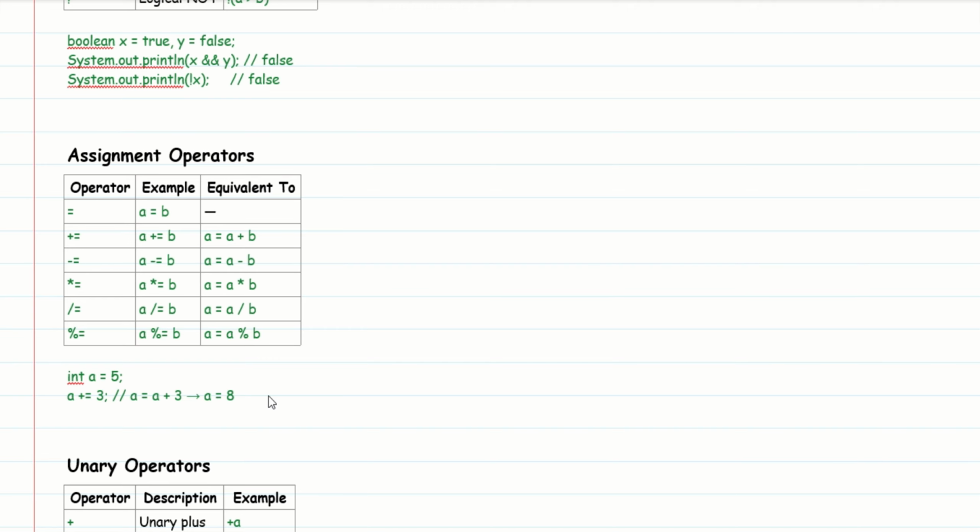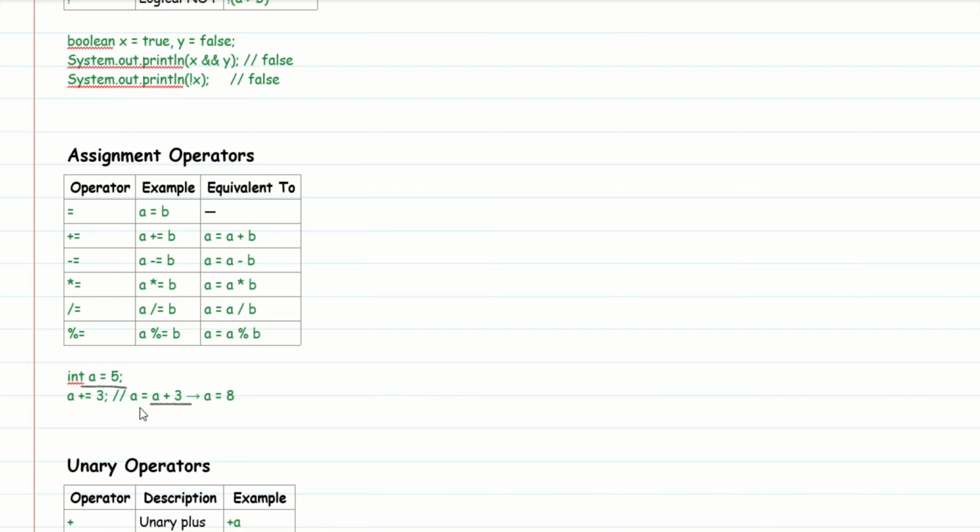It's similar to arithmetic operators. The only thing is we evaluate the two values and assign the result to the variable. Here you can see we have a as 5. The assignment operator here is equals, and we are doing an arithmetic operation, that is a plus 3.